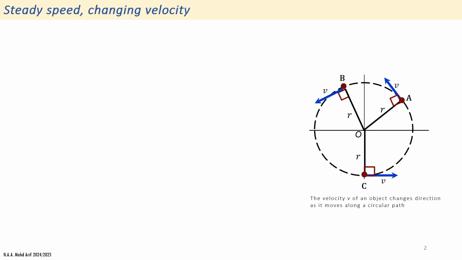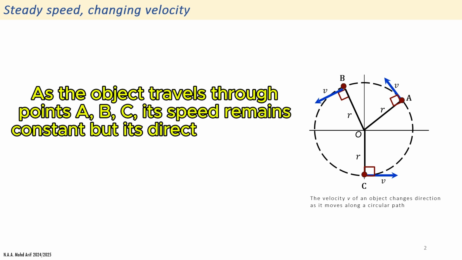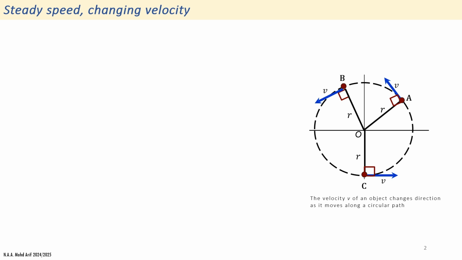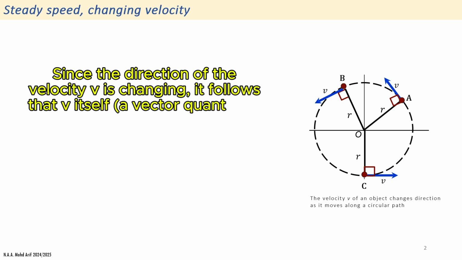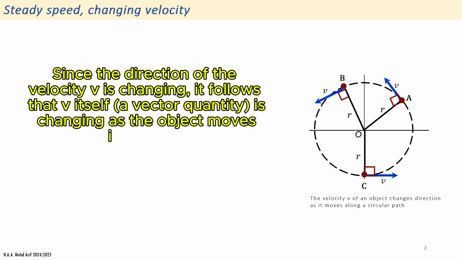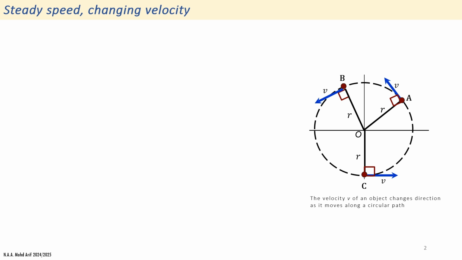As the object travels through points A, B, and C, its speed remains constant, but its direction changes. Since the direction of velocity is changing, it follows that v itself, a vector quantity, is changing as the object moves in a circle.